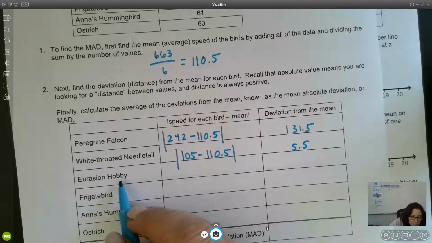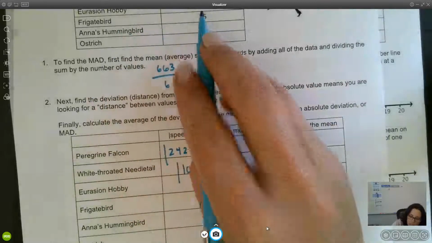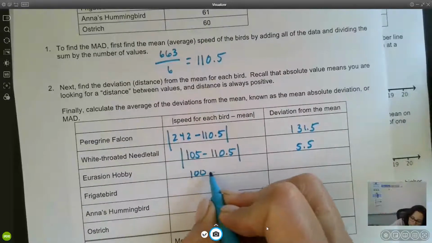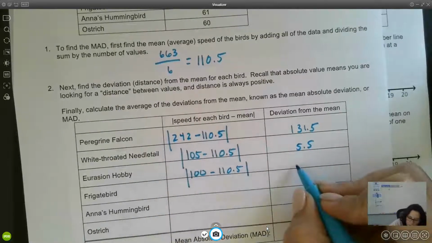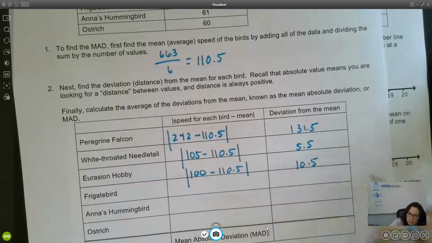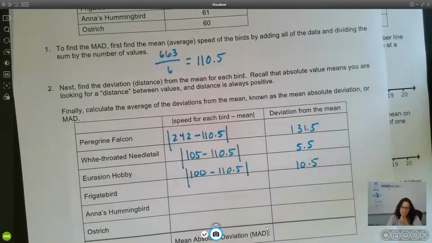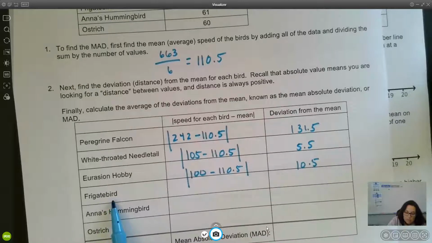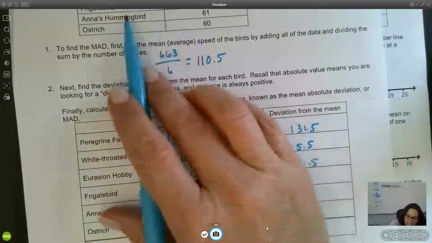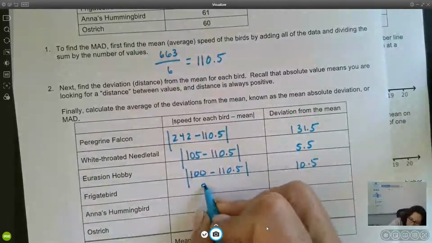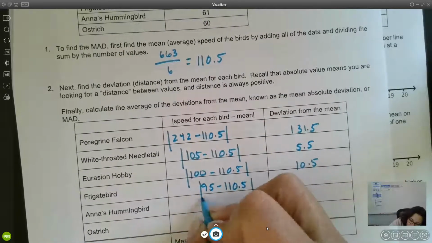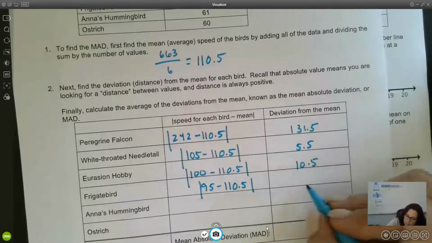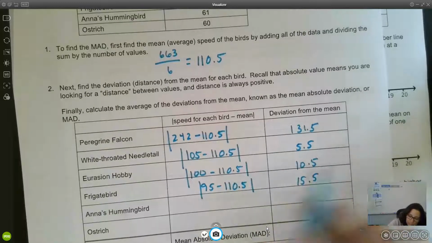Eurasian hobby, 100 minus 110.5. Remember, that's absolute value, so that'd be 10.5. Frigate bird, 95. So we're going to take 95 minus that 110.5, and that gets us 15.5.